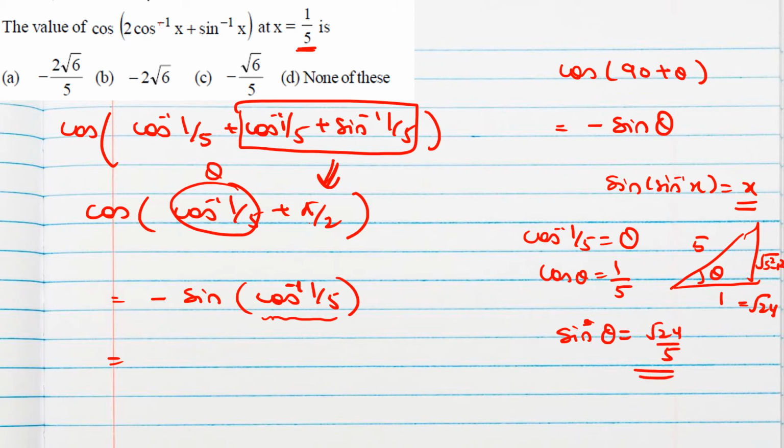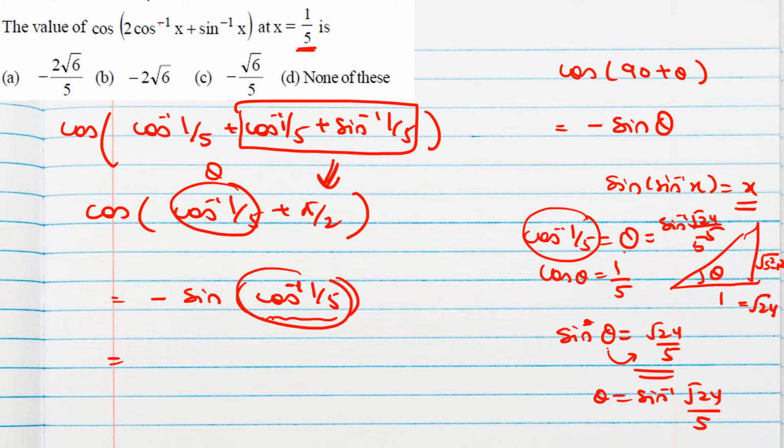So cos inverse 1 by 5 is theta, and theta can be written as sine inverse root 24 by 5. That means cos inverse 1 by 5 and sine inverse root 24 by 5 are equal. So here I am going to write sine inverse root 24 by 5.